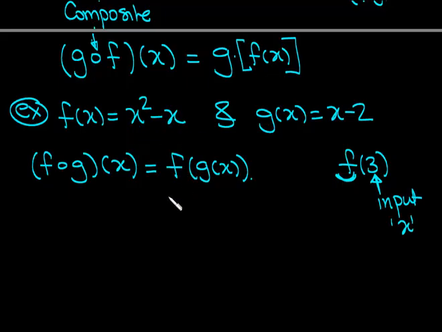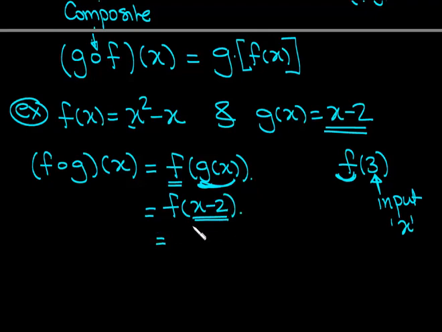I'm going to do the same thing, except now in the function f, I'm going to replace all the x's with the function g, which happens to be x minus 2. So what is f? x squared minus x.